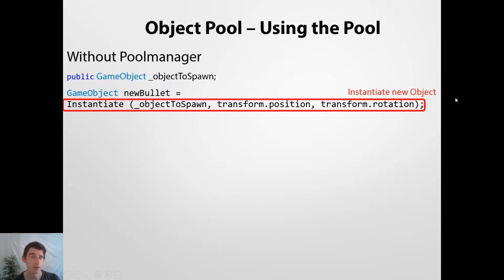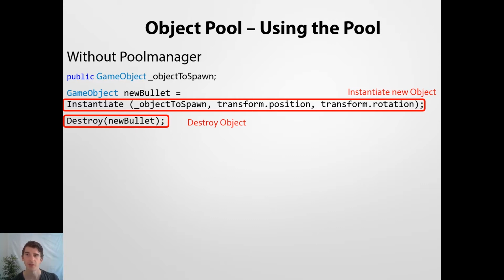This causes quite some performance issues. And if you no longer need it, you call destroy and destroy the object again. And this leads to even more performance issues because it causes garbage, and this garbage needs to be collected by the garbage collector, and the garbage collector leads to frame drops every few seconds, which is one of the worst kinds of things you want to have in your game.